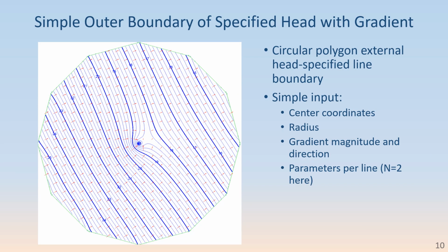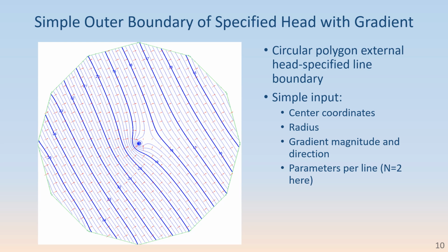There's a nice feature in Anaqsim where you can specify an outer boundary that is circular, roughly circular, to be head specified and with a specified gradient. And it's quite simple, one line of input, and it sets your far field up, which can be useful in many cases.